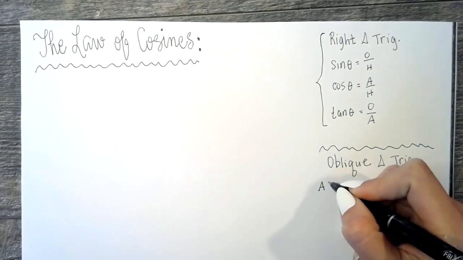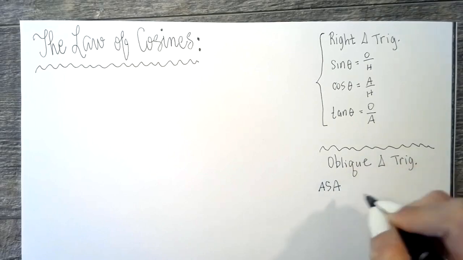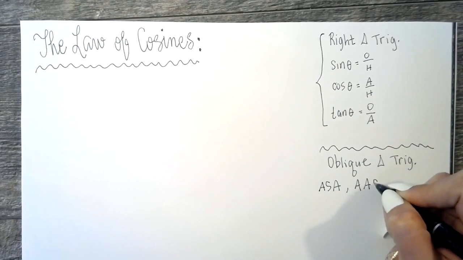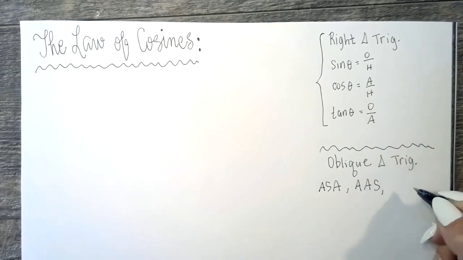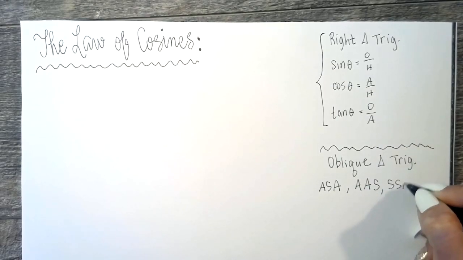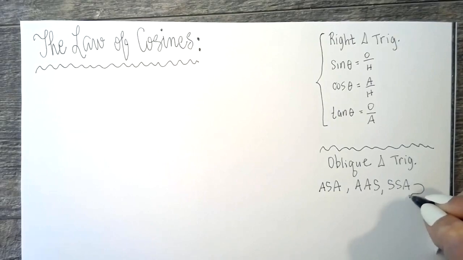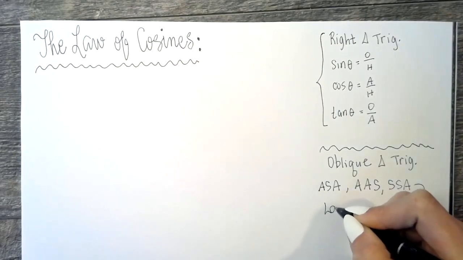The law of sines. What kind of triangles could we use it on that are oblique? We saw it with angle-side-angle triangles, angle-angle-side triangles, and side-side-angle triangles. Now, I was referring to those as angle side side because I think it's just something that will help you remember it.